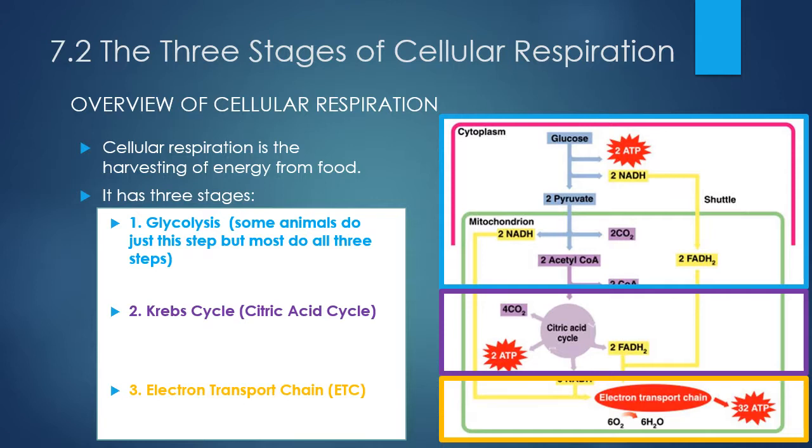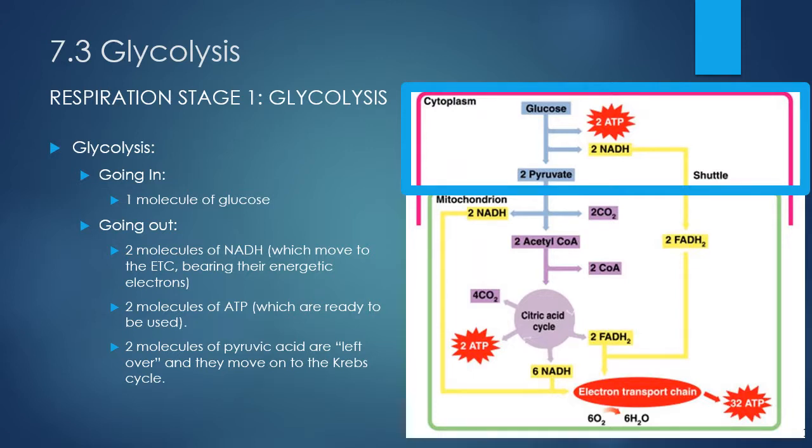Now we're going to go through each of those stages: glycolysis, the Krebs cycle, and the electron transport chain in a little bit more detail. So first stage of respiration is called glycolysis, and the only thing going into glycolysis is glucose.